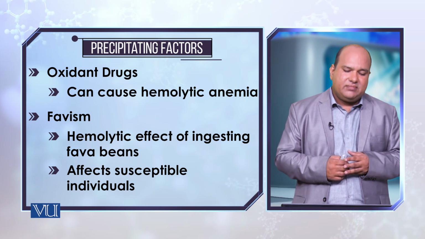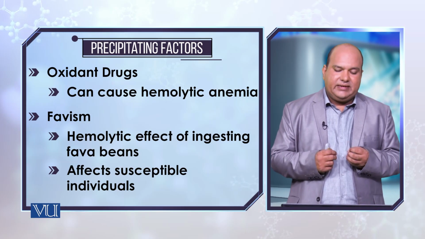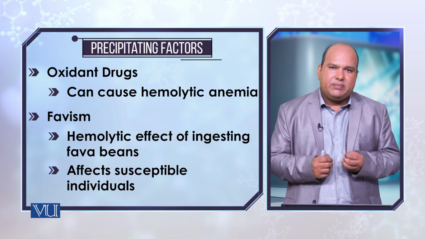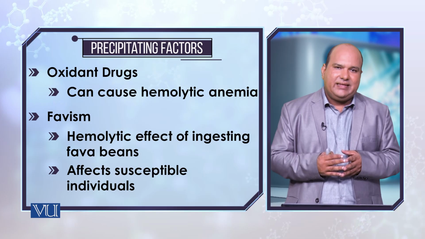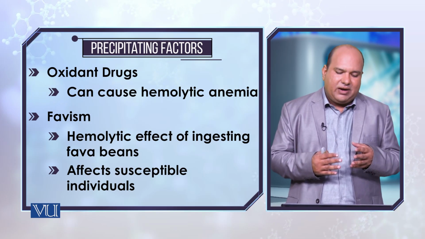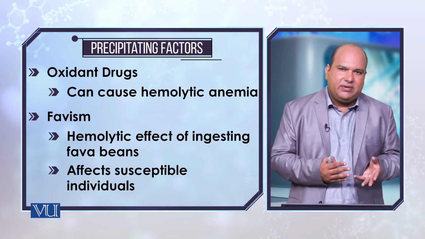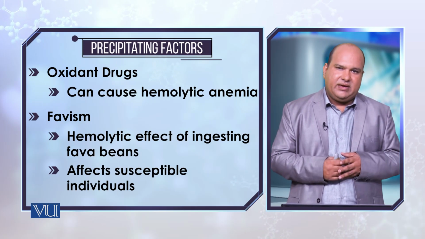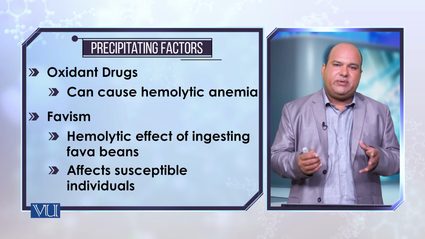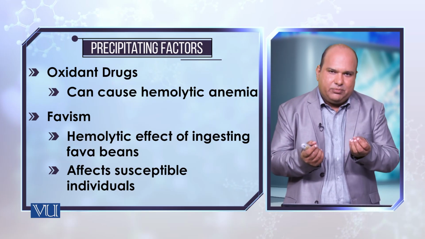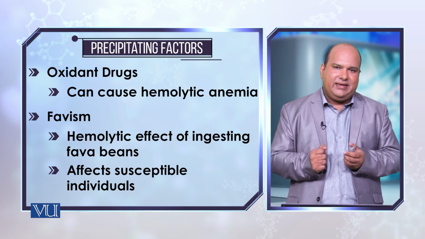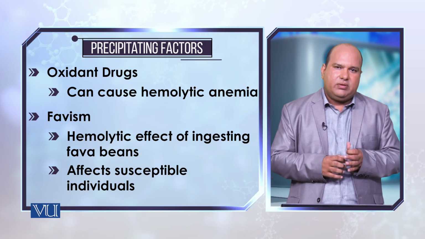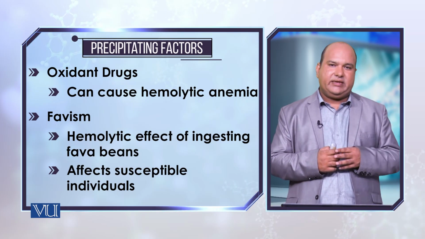Then favism: people who eat fava beans are somehow more susceptible to the reaction because of hemolytic anemia. The reason is that fava beans, क्या होते हैं, जब फलियाँ होती हैं, बाज़ मोटी फलियाँ होती हैं, they somehow make you more vulnerable to hemolytic anemia.